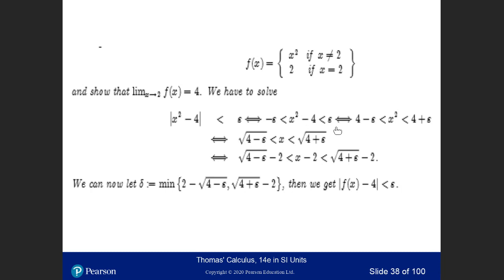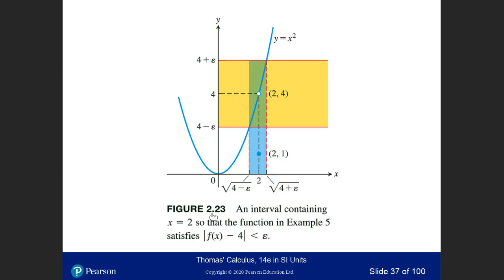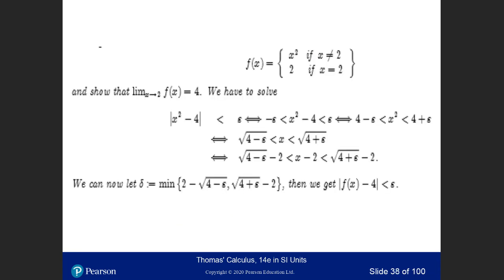Now I can add 4 to each side. So 4 minus epsilon is less than x squared, which is less than 4 plus epsilon, as shown in the figure here. Okay, so what I do is I have to subtract 2 from each side so that I will have x minus 2 here.